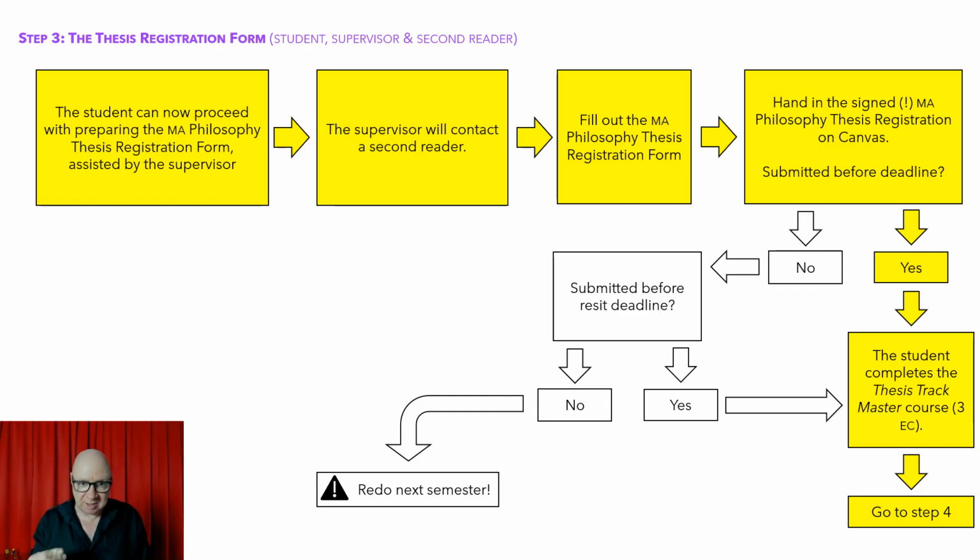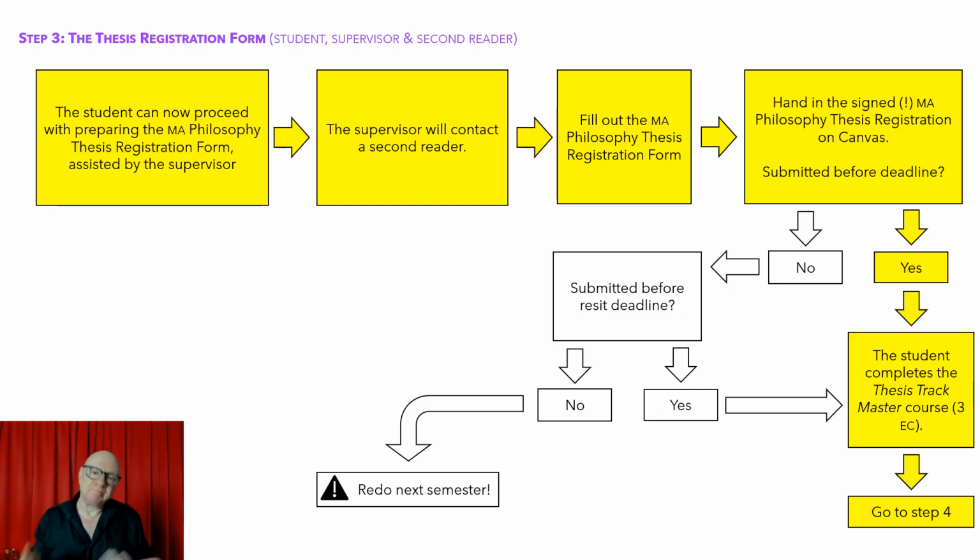This is basically the second part of the exam of this mini course. The first part is the summary assignment. You have to pass that. And the second one is the thesis registration form. If you submit this signed thesis registration form before the deadline, then you have passed that part of the exam.